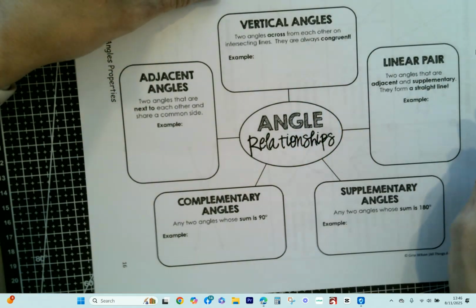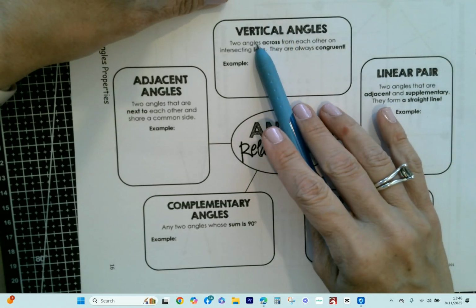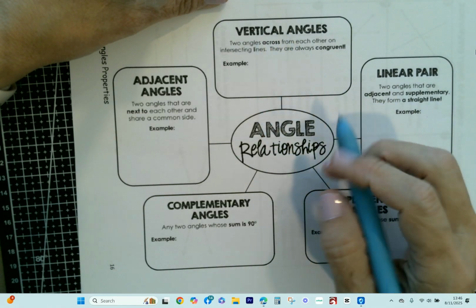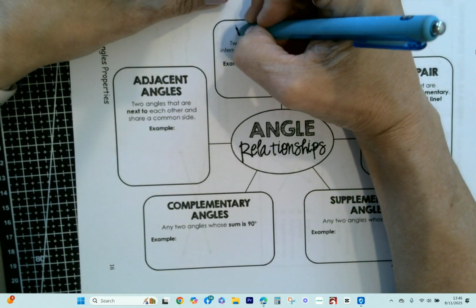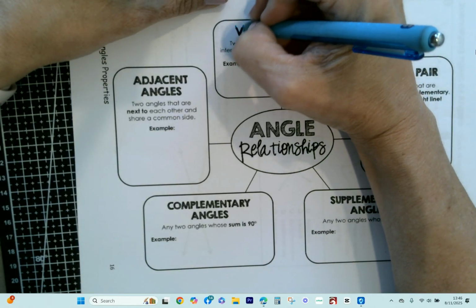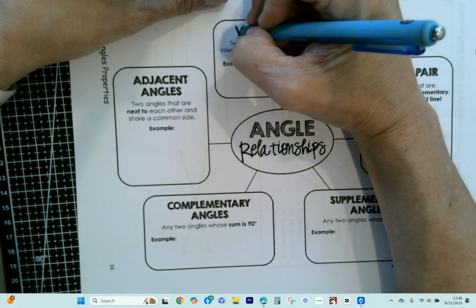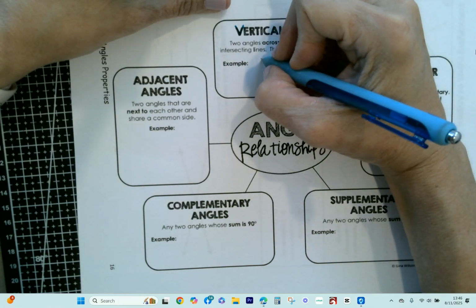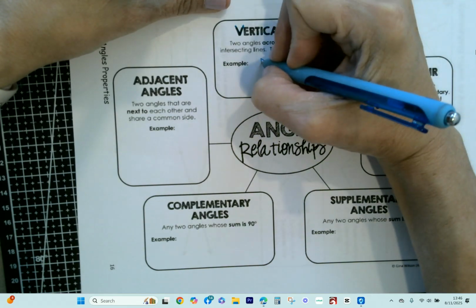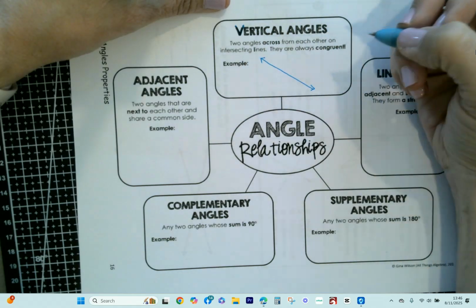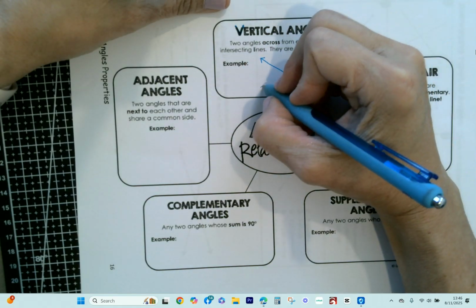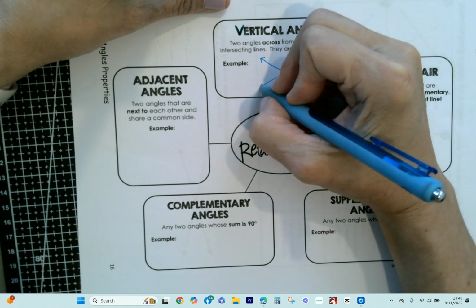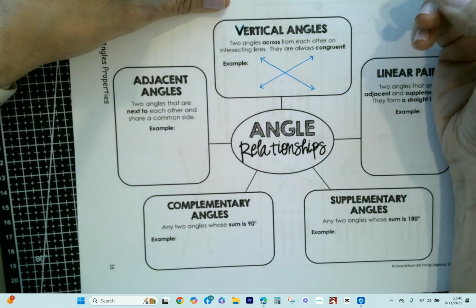Probably one of the easiest ones to start with are vertical angles. Now vertical, see how it has a little V right here? That's a good thing to keep in mind. Vertical angles are two lines. We need one line with arrows, and we need another line with arrows, just like this, okay?